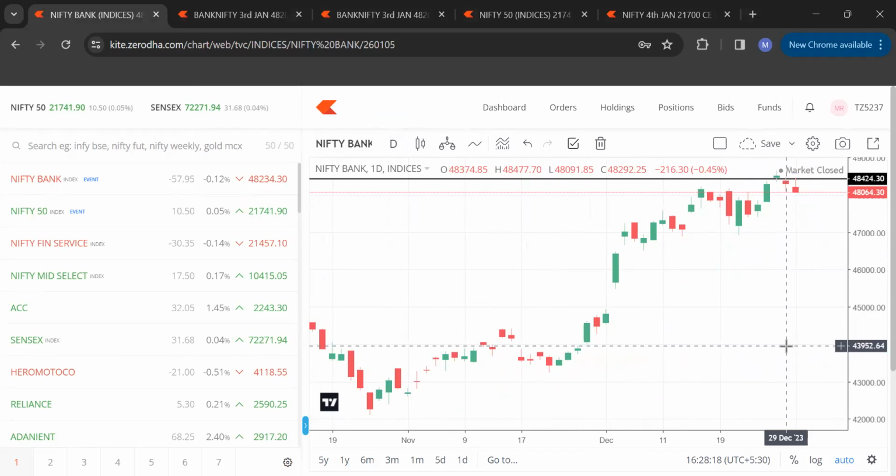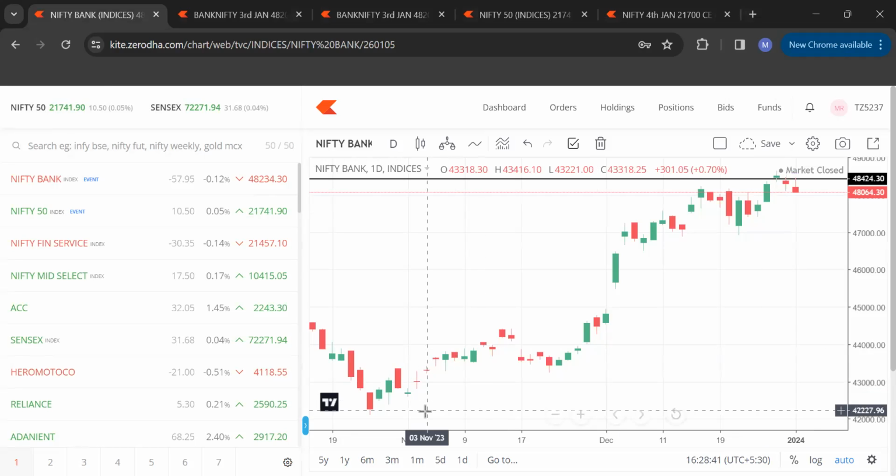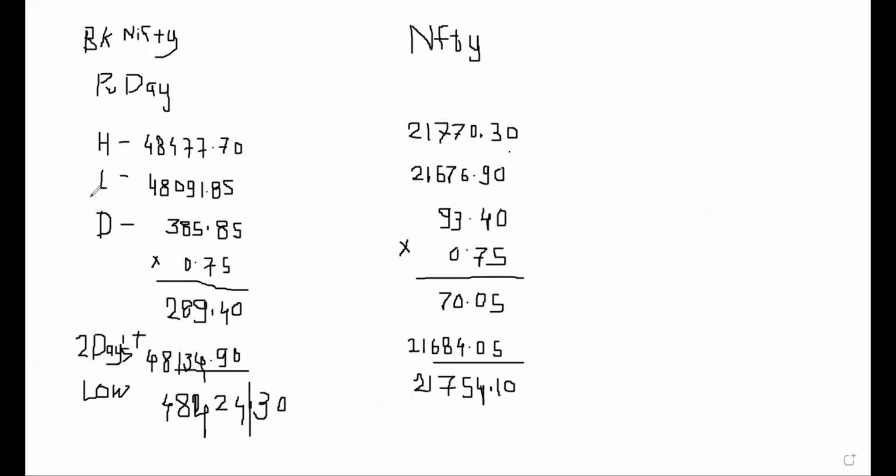High minus low, whatever is the difference, we multiply the difference by 0.75. If you had seen my earlier videos, I have clearly mentioned 0.75, 0.45. Let us see a bigger move. So we need 0.75. So the calculation you will see now, just see the highs and lows, 477.70, 91.85. So 471.70 and 477, that's a small mistake.